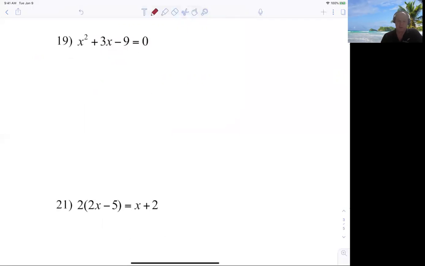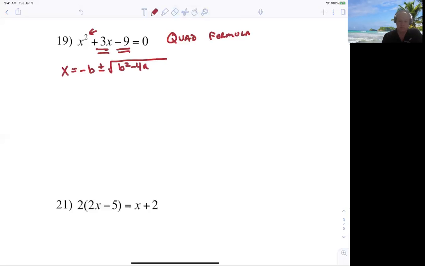All right, now let's take a look at 19. For number 19, it's another quadratic raised to the second power. If I try to factor it, there are no factors of 9 that will make 3. So we want to use the quadratic formula for this one. Remember, x equals -b plus or minus the square root of b squared minus 4ac, all over 2a.